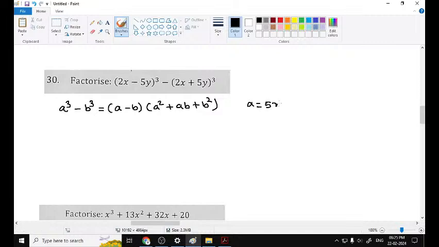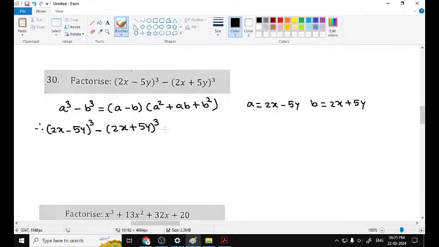let us consider a as 2x minus 5y and b as 2x plus 5y. So 2x minus 5y whole cube minus 2x plus 5y whole cube is equal to a minus b, where we replace a by 2x minus 5y and subtract b.